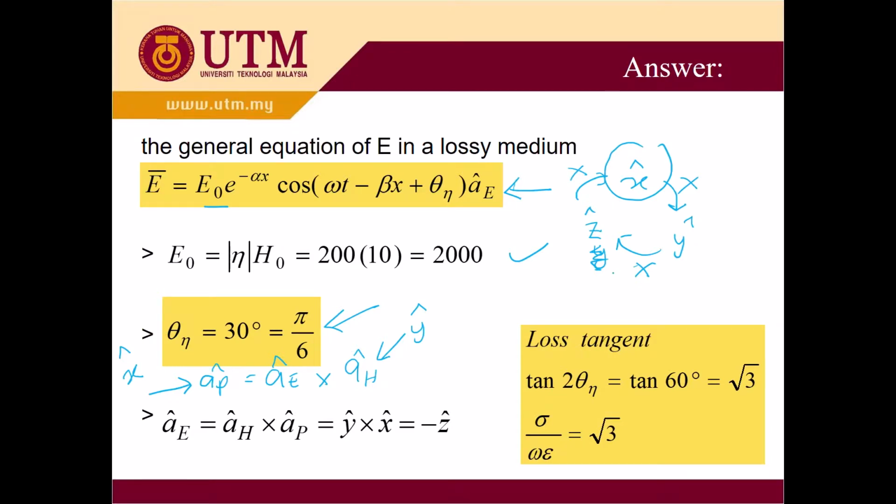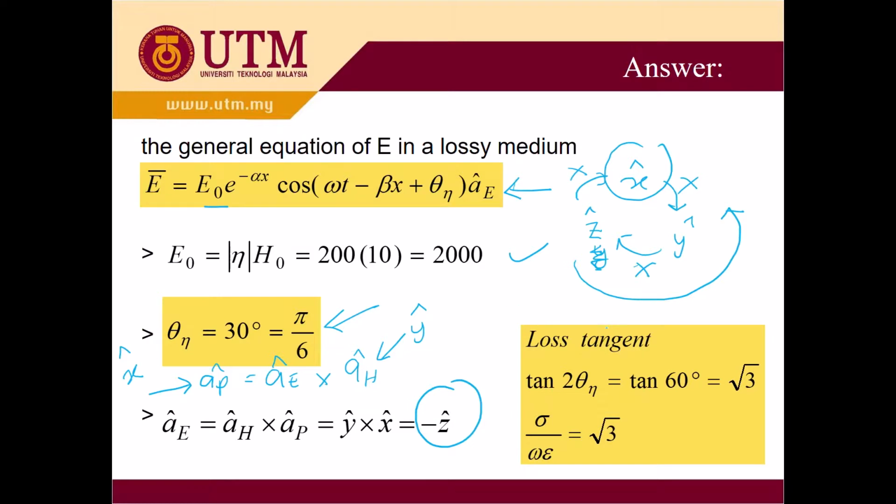So it's from here to here, right? So it's basically minus Z cross Y, because it's rotated to the other direction. That's why here the answer is negative Z.